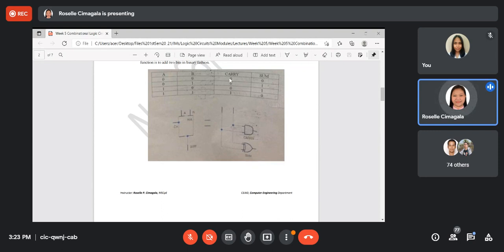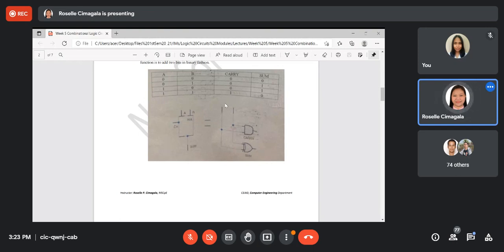And pwede sad nga si Carry, imong tan-awon with the input 0, A and B, ma-0 siya, ang iyang output ni Carry kay 0 ug naay 0. Meaning, ma-1 ra siya kung 1 tanang input.